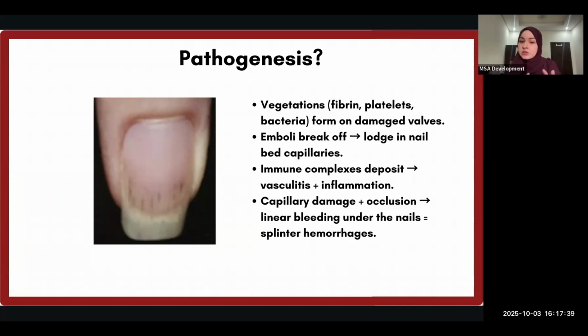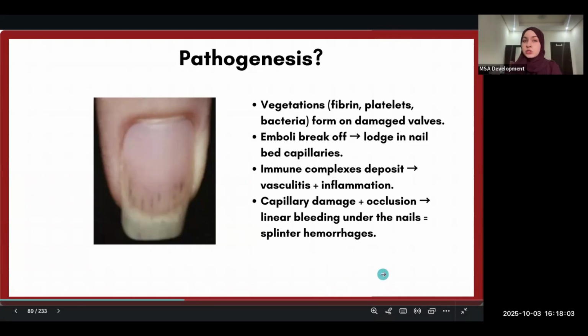All of these together cause vegetations, and these are able to break off and go to the peripheries because they have the smallest capillaries. They go into the capillaries under the nail bed. You get immune complexes depositing, you get more inflammation. It's like a vicious cycle, and this causes splinter hemorrhages. This was in your CPC, so you might be asked about it.